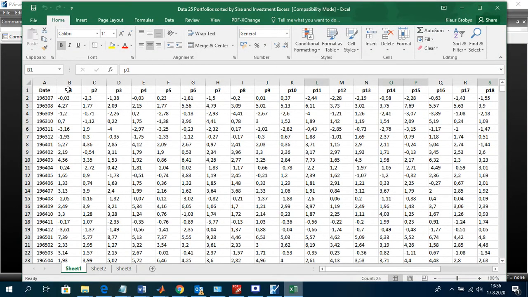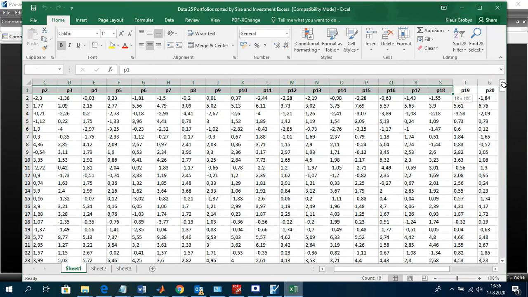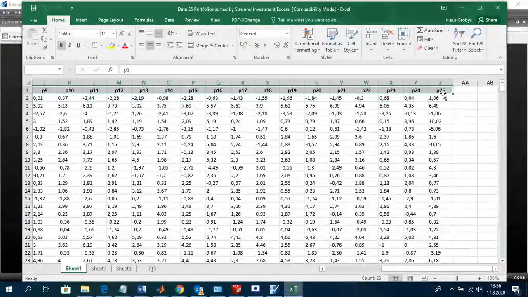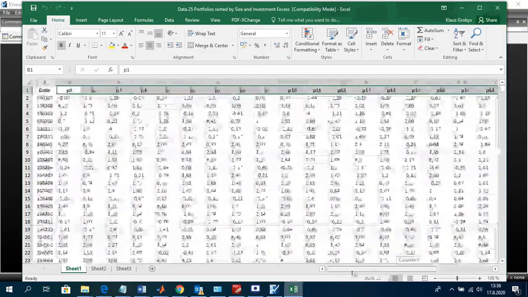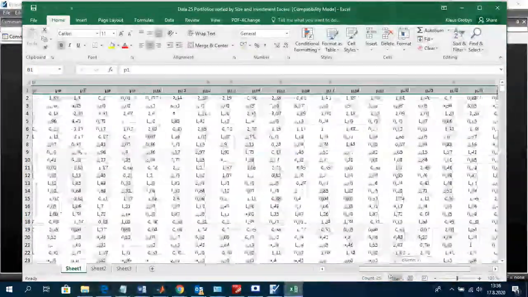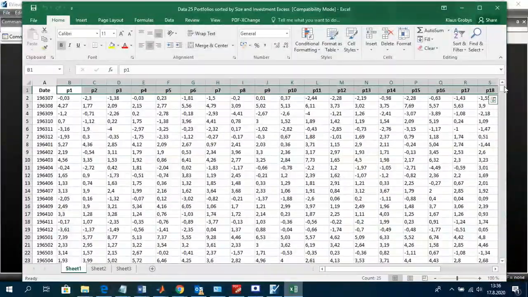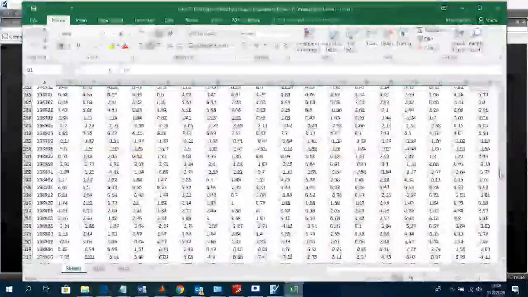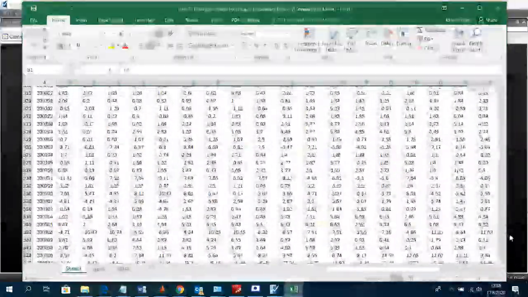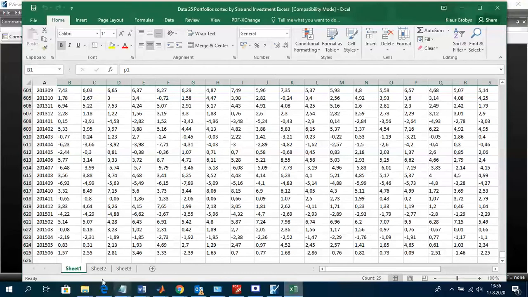What you see here are 25 portfolios, denoted as P1 until P25, and column A gives us the time series. So we have 625 minus 1, so 624 observations ending in June 2015.